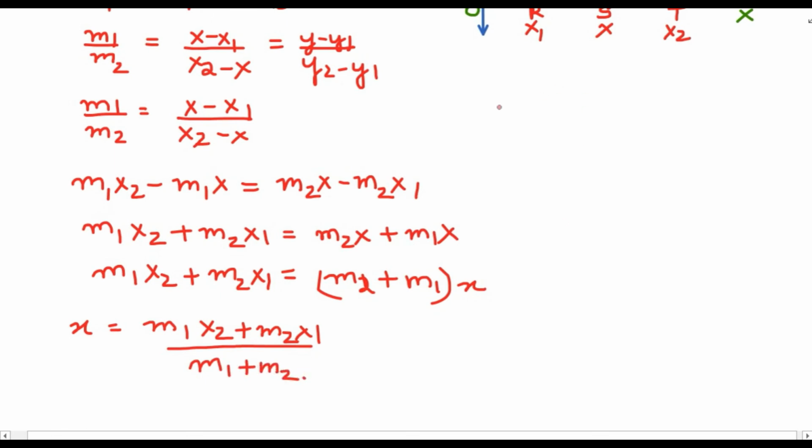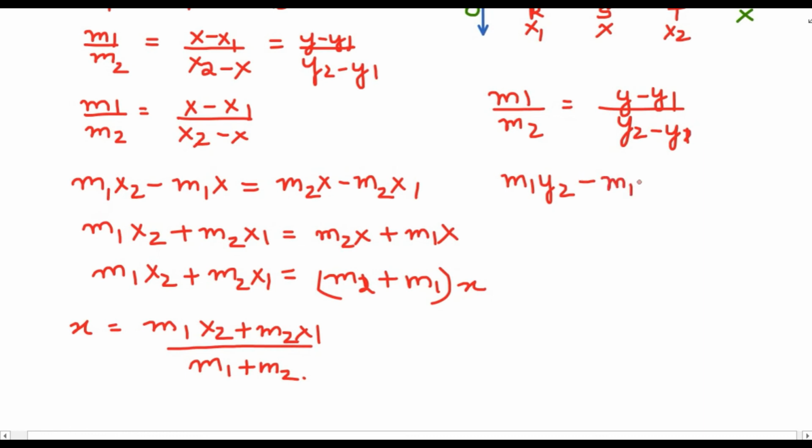In the same way, we can find the y coordinate also. For that, equate the first and the last one, y minus y1 divided by y2 minus y. Now cross multiply: m1 y2 minus m1 y equals m2 y minus m2 y1.